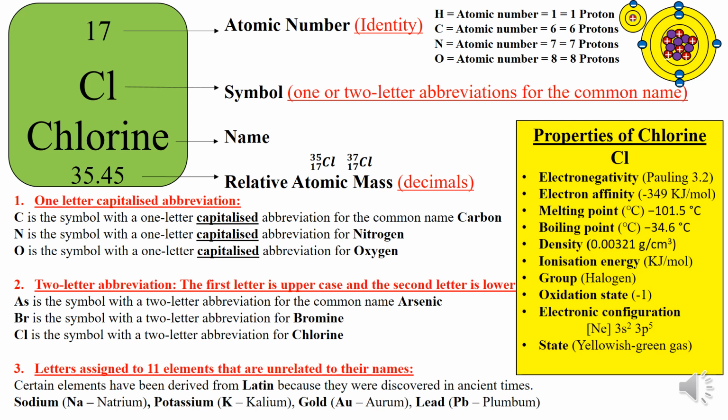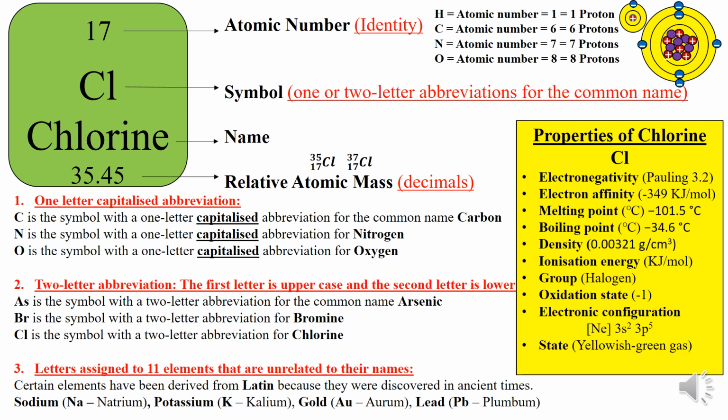You'll also find some additional details like electron affinity, melting point, boiling point, density, ionization energy, including its units. So all these properties will be mentioned in the periodic table, including its units and even the group to which it belongs. So chlorine belongs to group 7, that is, it belongs to halogens. Group 7 are halogens like fluorine, chlorine, bromine, and iodine.